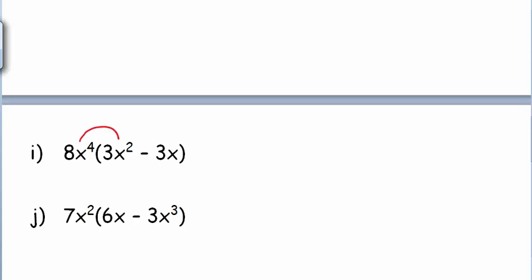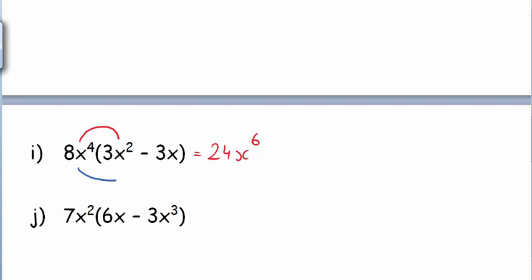I multiplied the numbers 8 times 3, and that gives me 24. Now x to the power of 4 times x to the power of 2. If we multiply terms with the same base, x is the base, the powers will add up. So 4 plus 2 is simply 6.